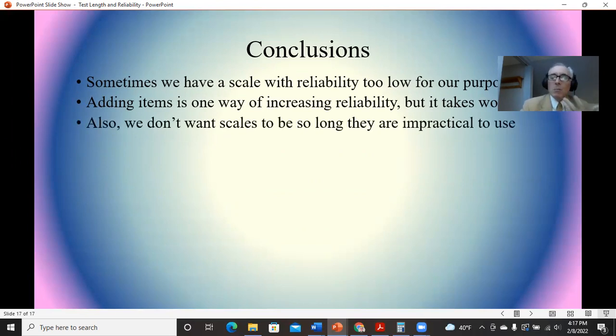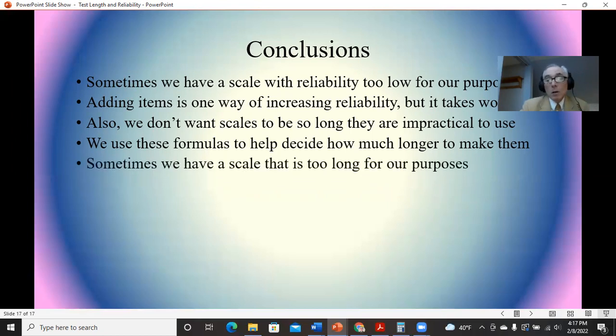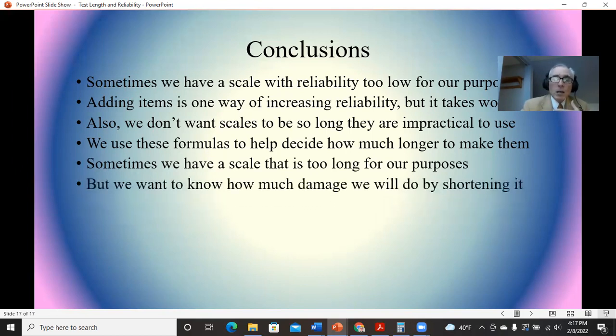So we want to add the minimum number of items that are necessary in order to achieve our goals. These formulas are helpful in making decisions about how much we're going to add to what we have, how much work we're going to invest, and how many questions we're going to make our research participants or our patients answer.